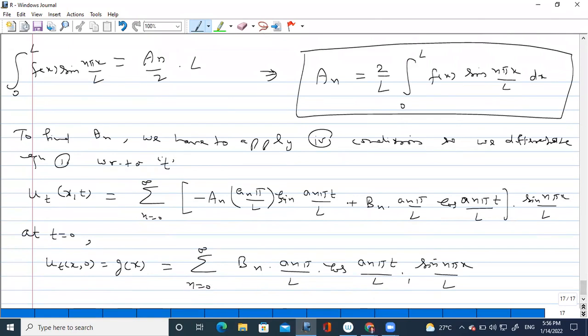Multiply this value by sine n pi x by L on both sides and then integrate. Note down this.